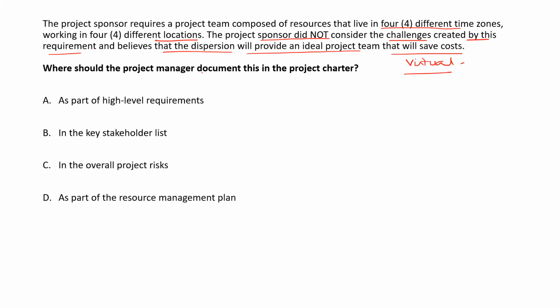Where should the project manager document this in the charter? Four locations, 4 time zones. It's for sure not related to requirements.